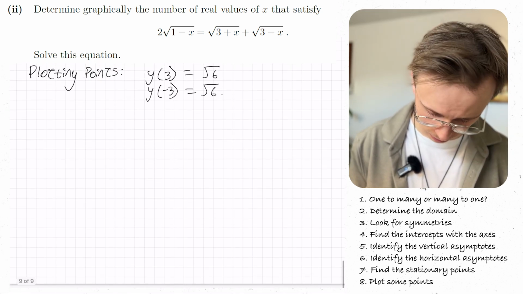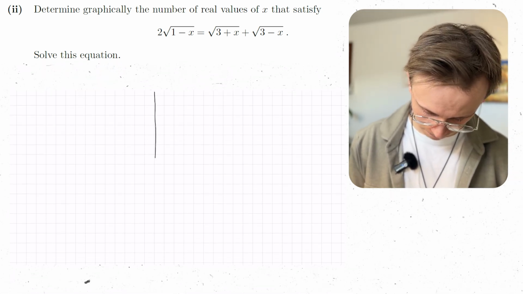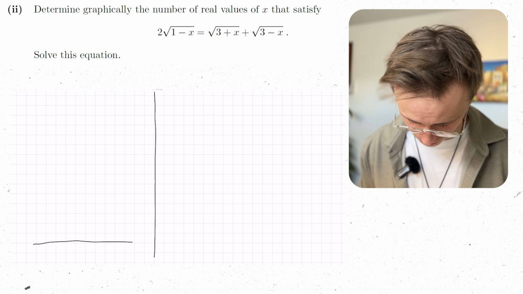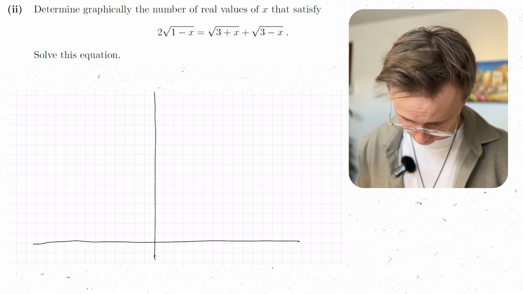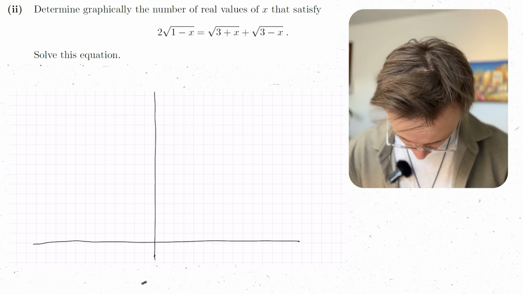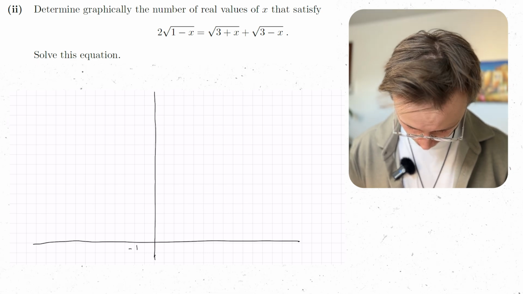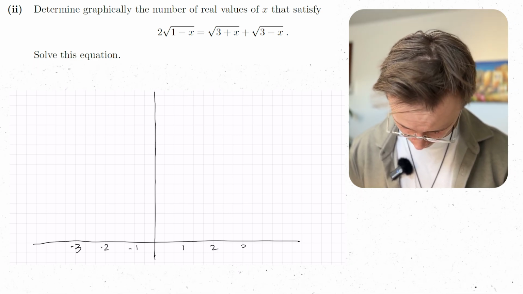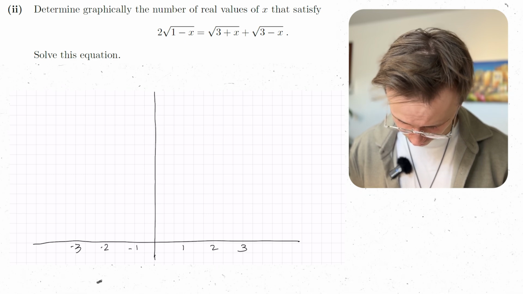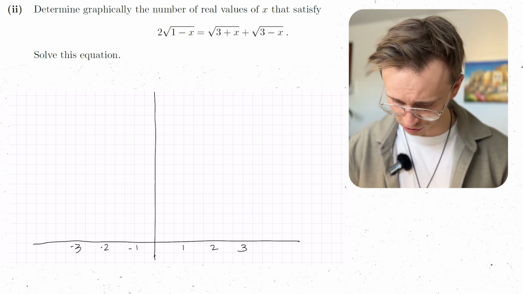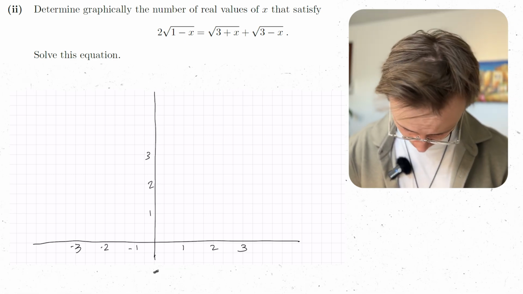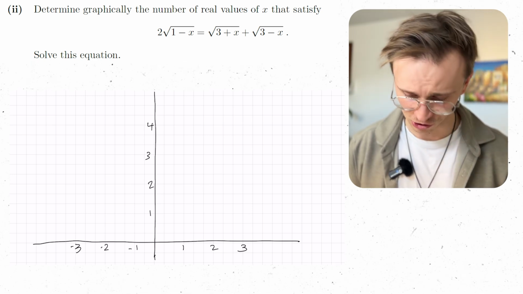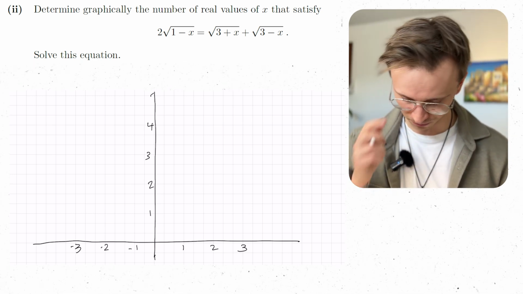So again, plotting our graph pretty big, and leave enough room here because I'm going to have to add another sketch to this. So again, going -1, -2, -3, -1, -2, -3. And then we need to go up to 2 root 3. So that's 1, 2, 3, and 4, because 2 root 3 is just below 4.